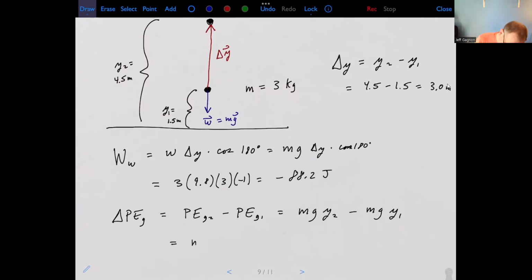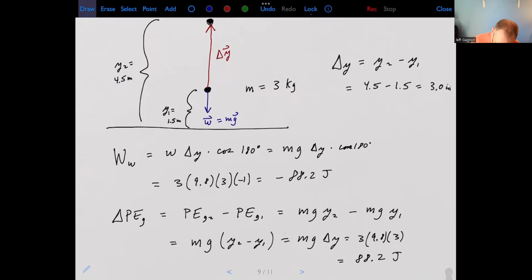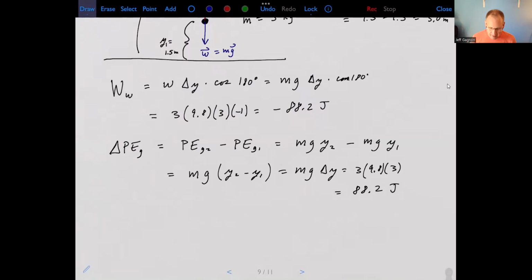I could factor out the mg and write this as y2 minus y1, which is simply delta y. So you could write this as mg times delta y. If I plug everything in, this is 3 times 9.8 times delta y, which is 3, and I'm going to find that it equals 88.2 joules.